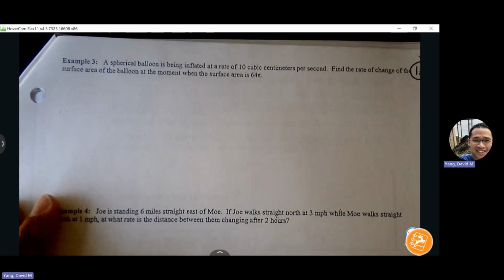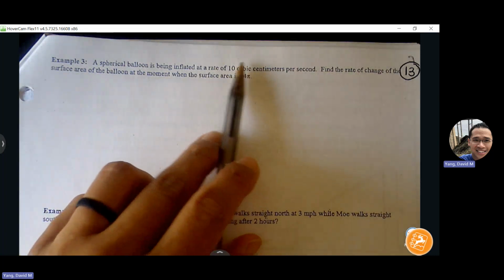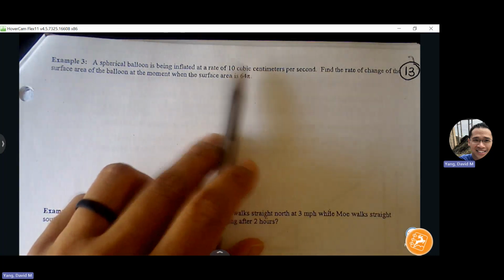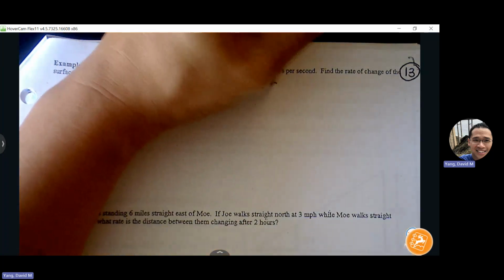Example 3: a spherical balloon is being inflated at a rate of 10 cubic centimeters per second. Find the rate of change of the surface area of the balloon at the moment when the surface area is 64 pi. There is the volume of a sphere involved and the surface area of a sphere involved. Those formulas will be given to you, and I'll give those to you now.